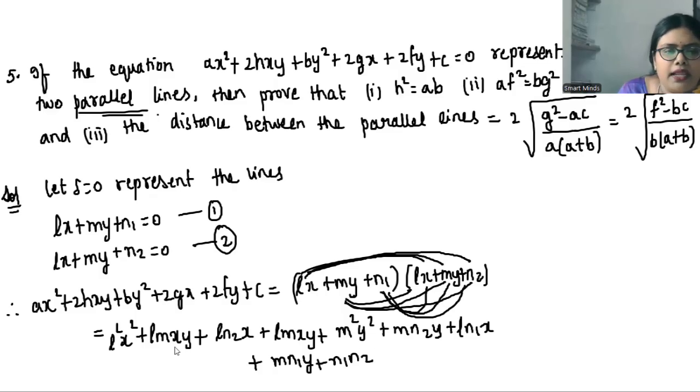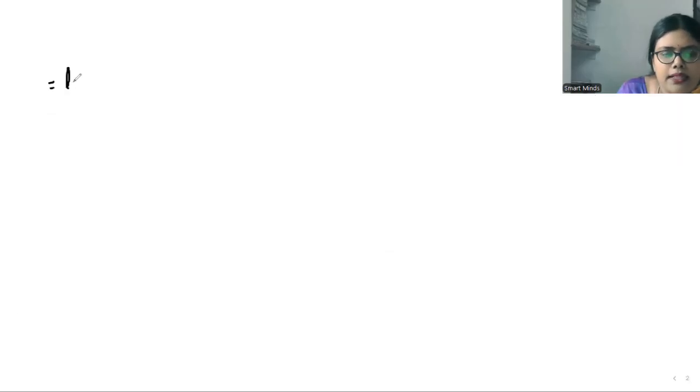Now we will take xy terms. These two terms we will add. Okay, so that is equal to L square x square plus 2lmxy plus m square y square.